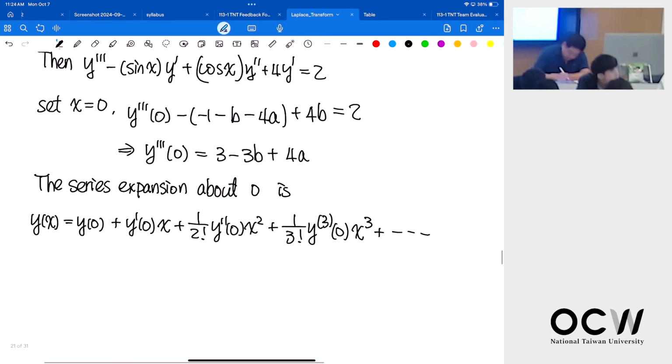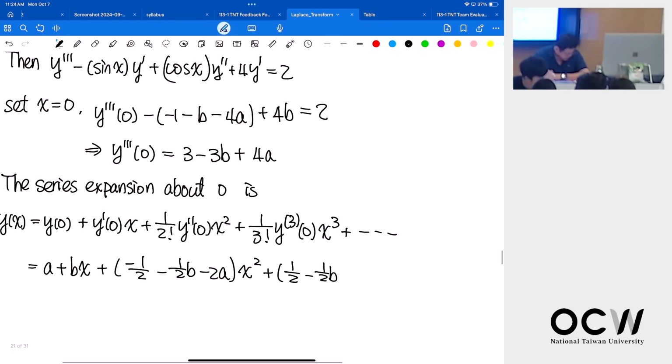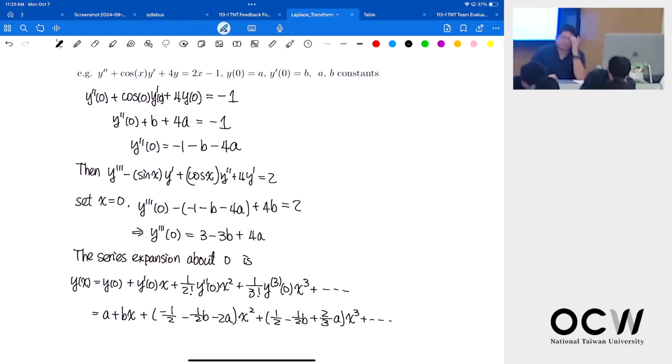You have a plus bx. Here's minus 1/2 times b minus 2a x squared. Then one half minus 1/2 b plus 2/3 a x cubed. Alright, any questions for this example?